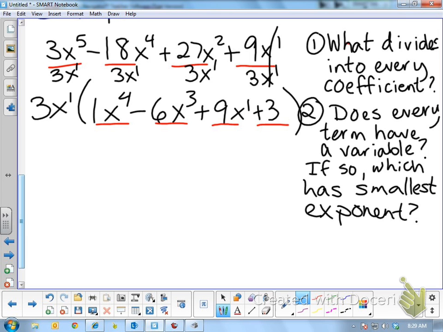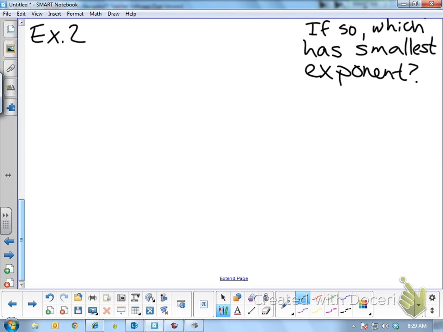So we could have just a number factor out. We could have just a variable factor out. We don't have to have both. I'm going to do an example, and it's only going to have one thing factor out, either just a number or just a variable.